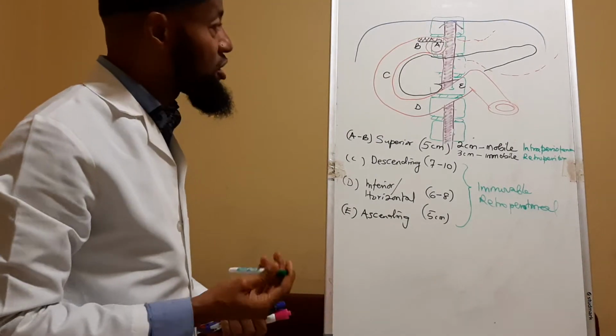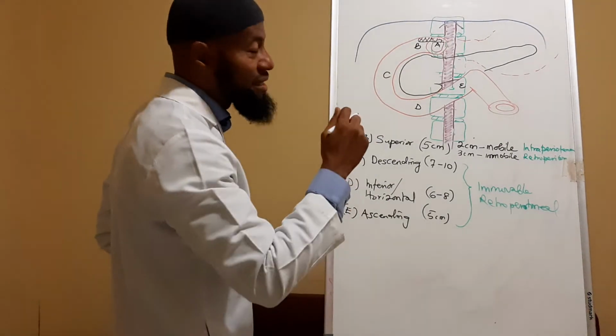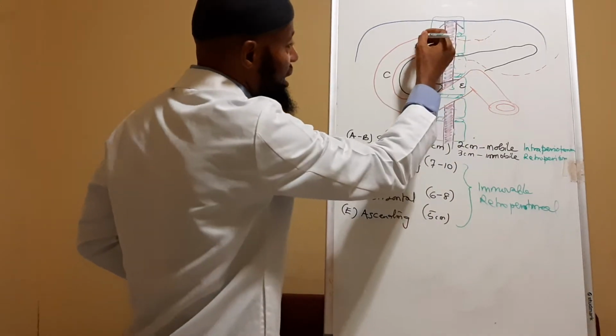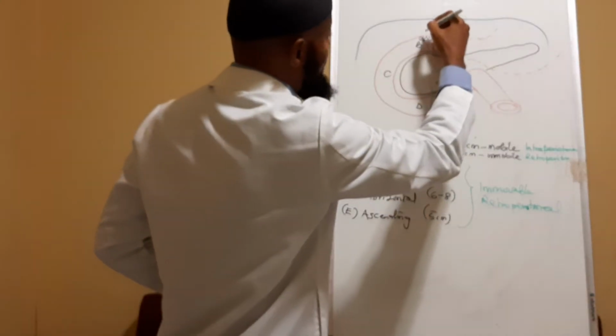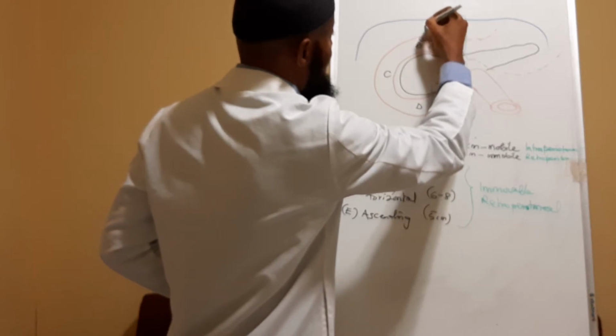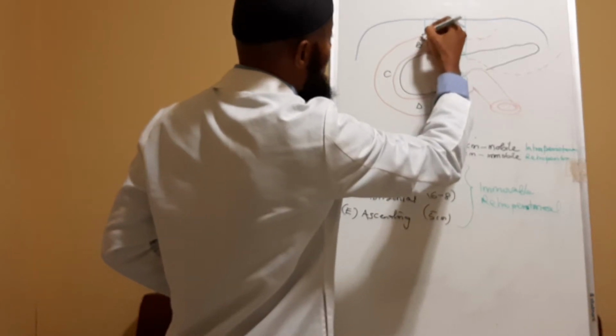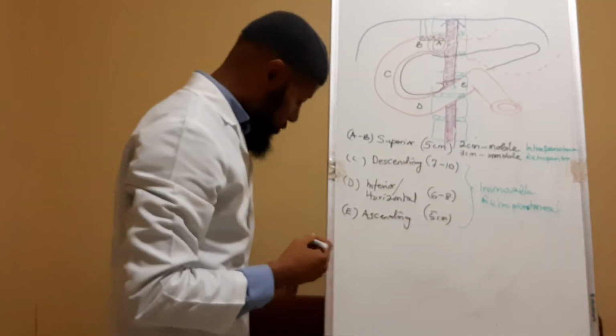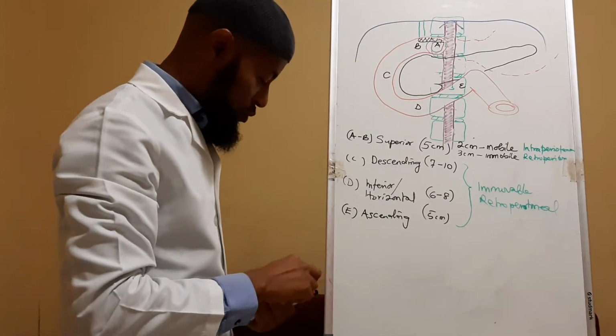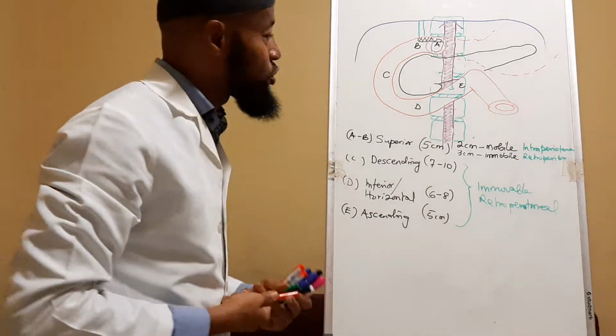The portal triad consists of veins, which is the hepatic portal vein. So you have your hepatic portal vein up there going upward. Okay, that's the hepatic portal vein. And then we have artery, which is the hepatic artery.